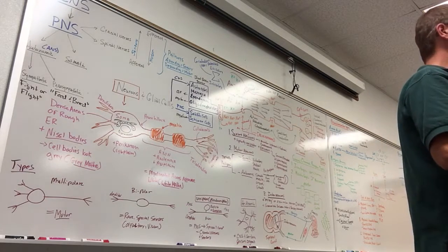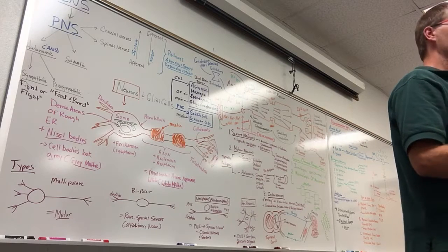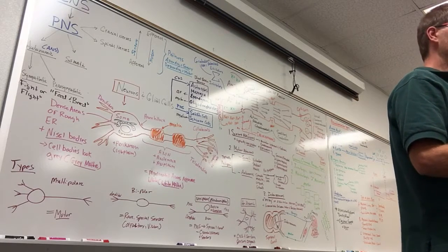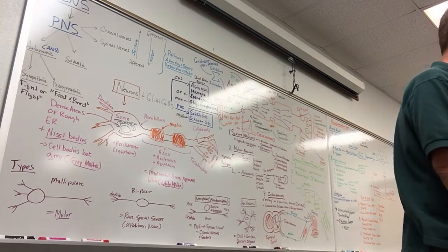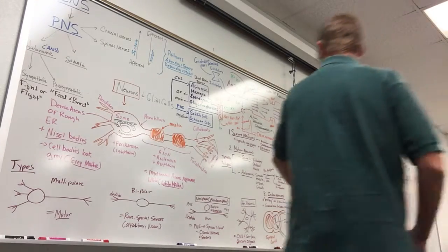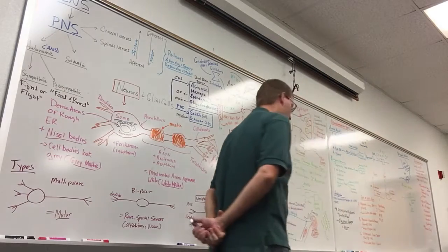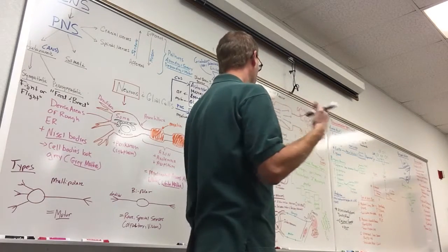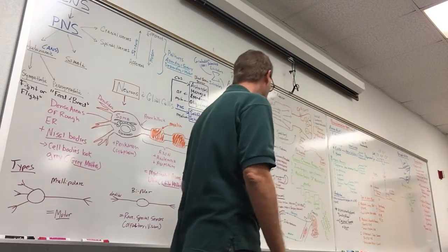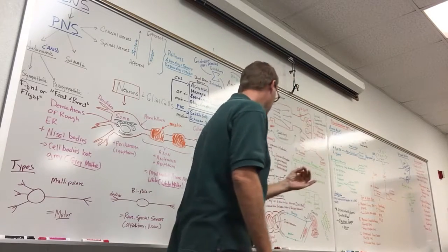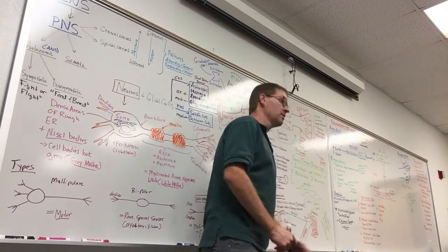The sensory information has to be integrated, has to be processed. We have to make sense of the sensory information to send that motor information out. And that's what these interneurons do. They relay, or they're also known as association neurons. They are a way of communicating between the motor and sensory.